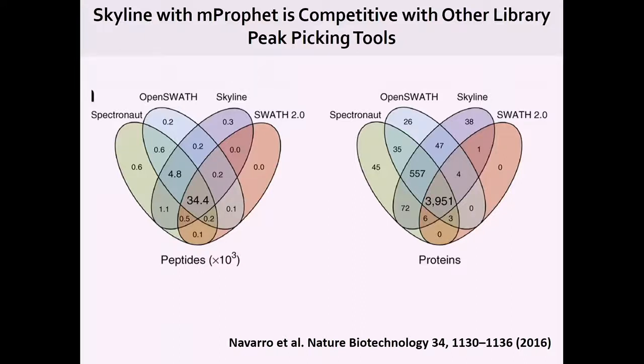And so that's an important thing to keep in mind. These are all based off of a very similar sort of machine learning approach, and use a very similar set of features. And while they all have slightly different spins on them to make them either more comprehensive or easier to use, in general, they all perform fairly similarly.